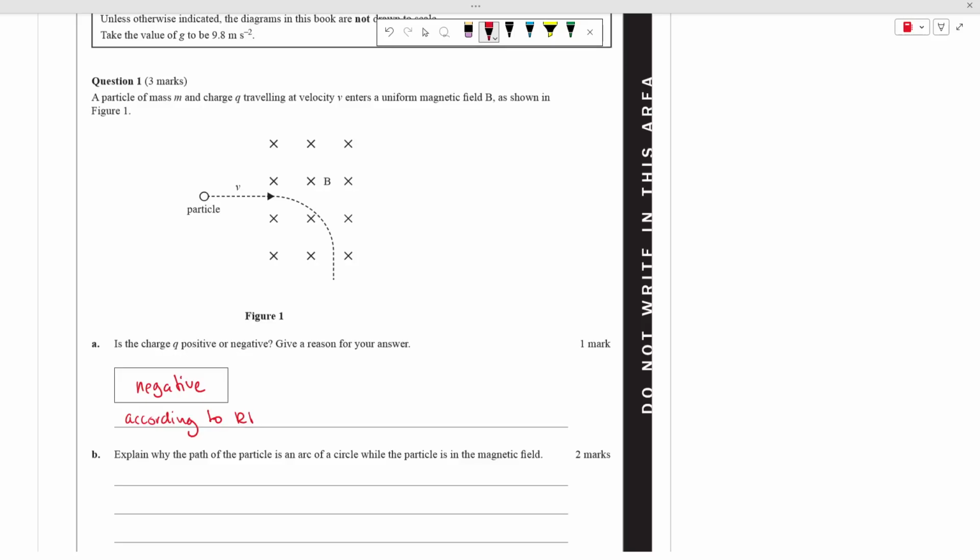It's actually hard to allocate a mark to exactly what they would want there, but I think negative and the fact that you've mentioned right hand slap rule should be enough.